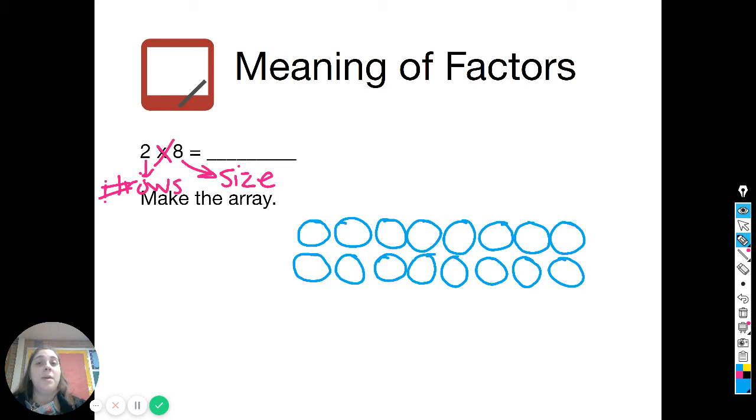Notice once again, I tried to make it as straight as possible so it looks very organized into rows and columns. Now, here's what I saw some people do.